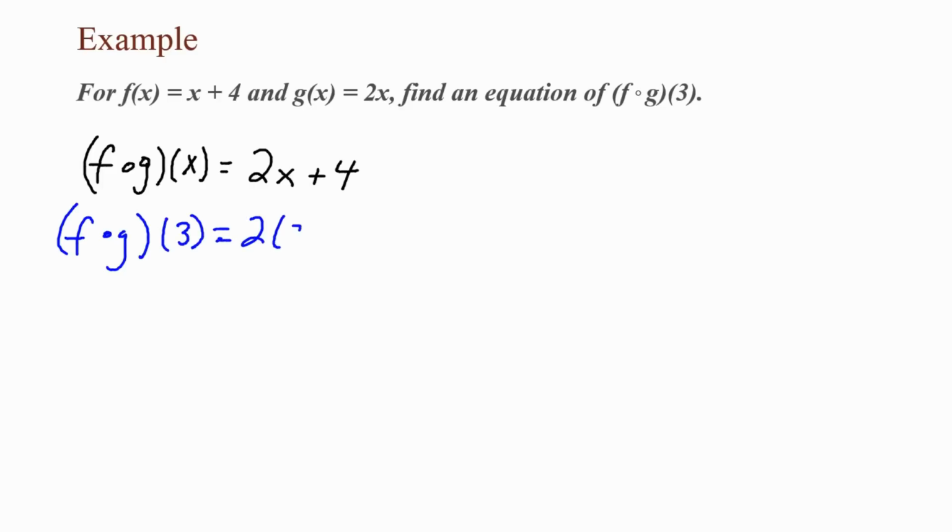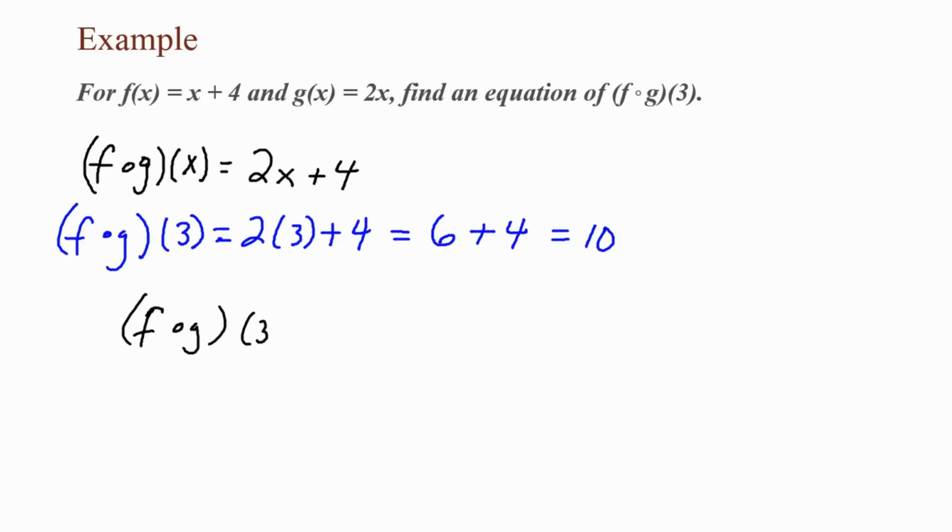So I have 2 times 3 plus 4. 2 times 3 is 6. Bring over the plus 4, and 6 plus 4 is 10. f of g of 3 equals 10.